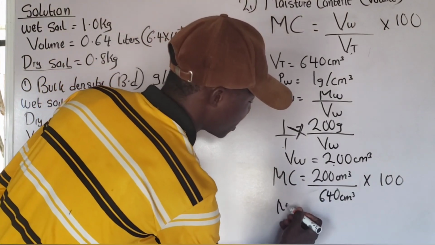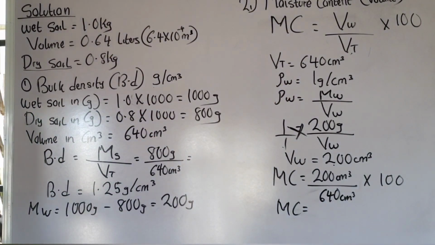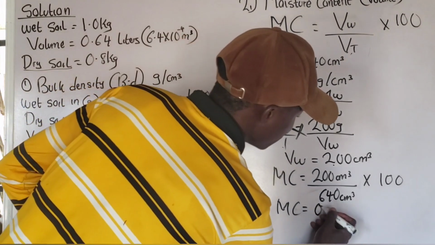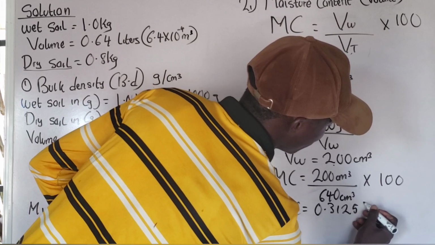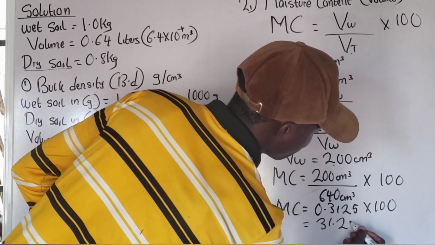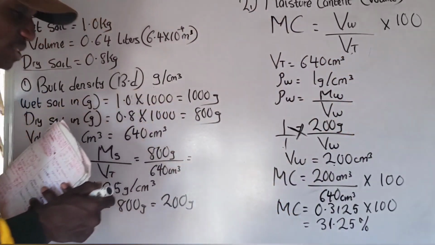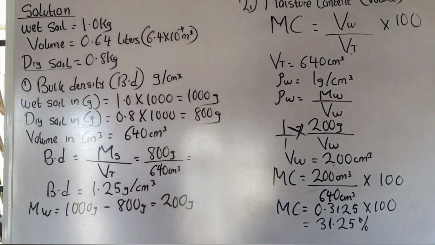So the moisture content equals 200 divided by 640, which gives 0.3125. Hence, 0.3125 multiplied by 100 gives 31.25%. Do you understand how we got the moisture content on volume basis? If you didn't understand, reverse the video again.